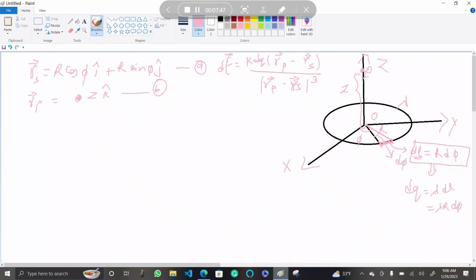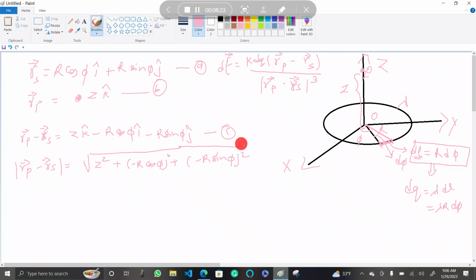This time I'm going to include all the components. I calculate r_p minus r_s, which is z k minus r cos phi i minus r sin phi j, and its magnitude is the square root of z squared plus (r cos phi) squared plus (r sin phi) squared.